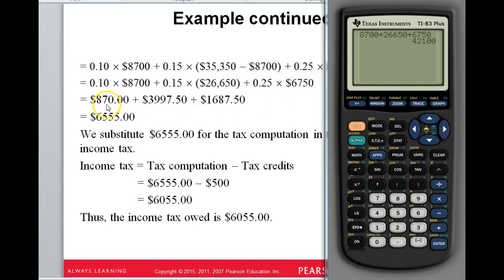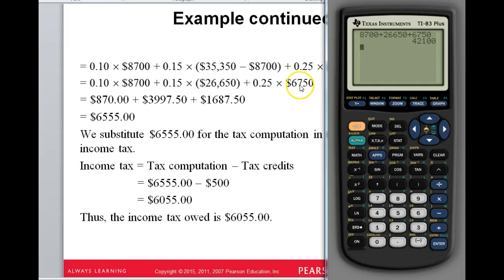So 870 is coming from the 10% bracket. Almost 4,000 is coming from the 15% bracket. She just barely fell into this last bracket. But still, it was a high enough tax rate. That's still a big chunk coming from there. But we see the 26,000, the majority of her taxable income is falling into that middle bracket.